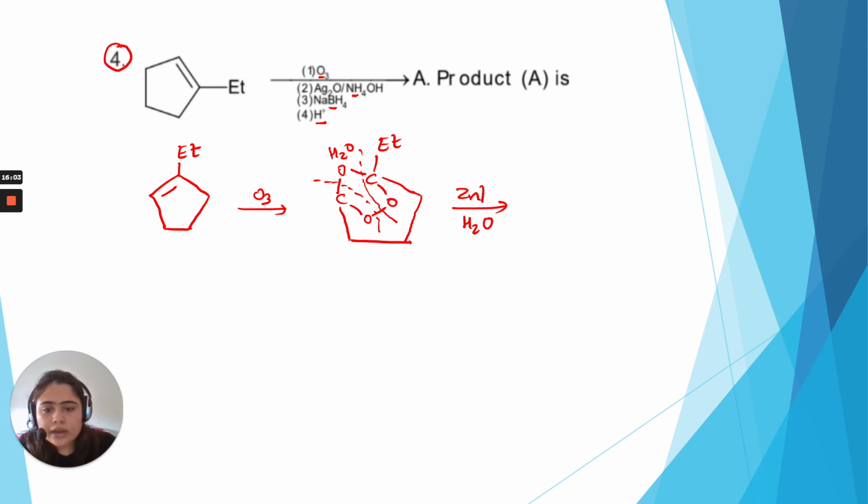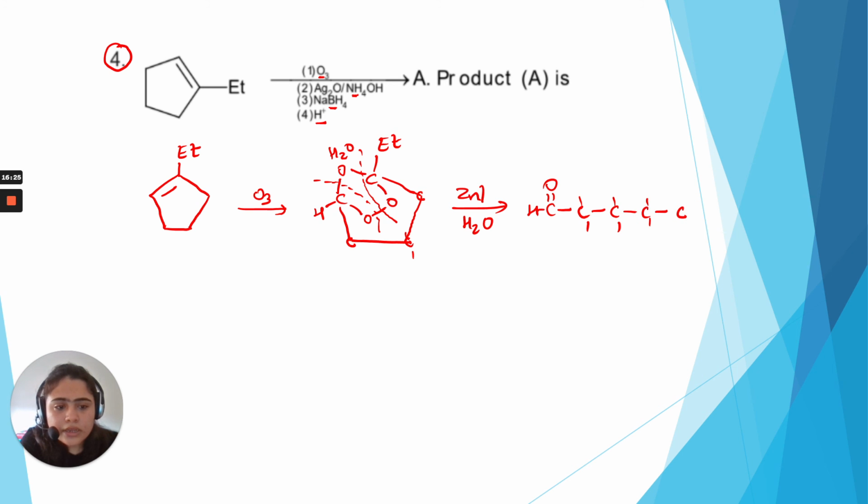And when the cleavage happens, then this will form what? You can see this is H. So here will be an aldehyde group, C double bond OH, connected to this carbon, so we draw this carbon, connected to this carbon, so we draw this carbon, then connected to this carbon, we draw this carbon.